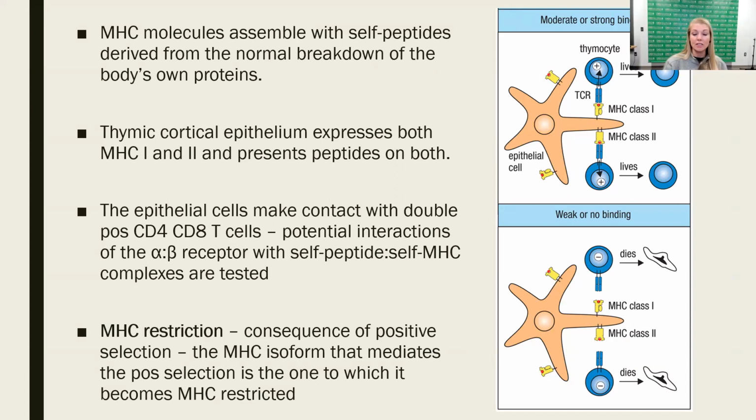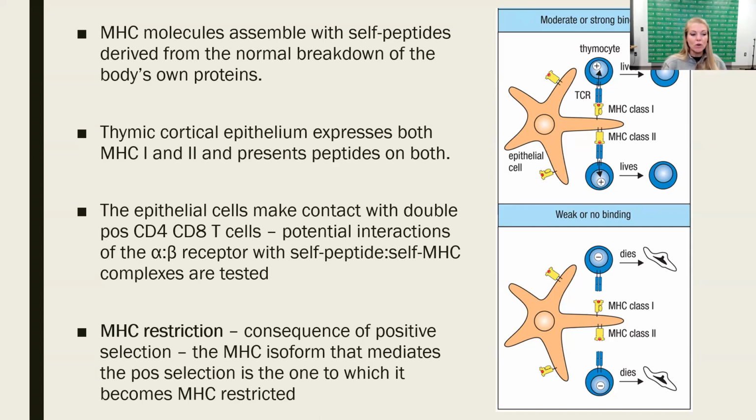So this is all happening in the thymus, and epithelial cells can have the MHC on their surface, displaying both MHC class 1 and MHC class 2, and they will be expressing self-peptides.